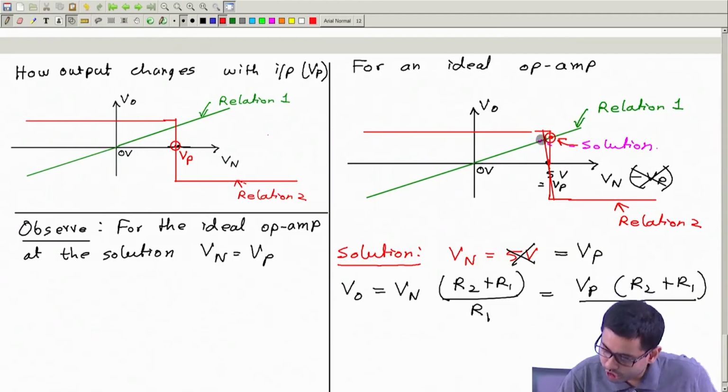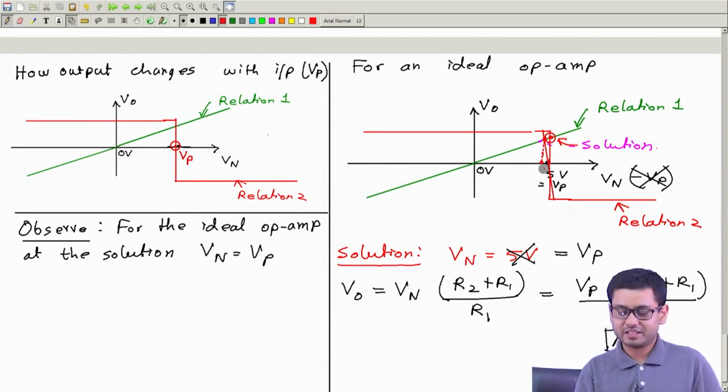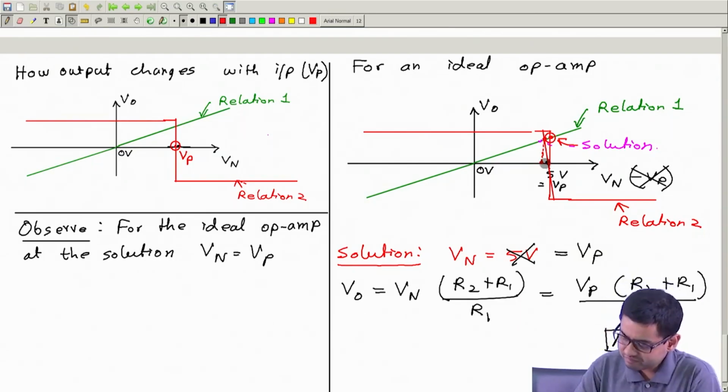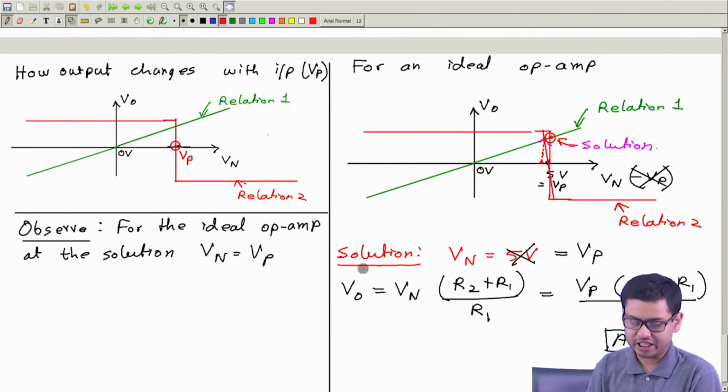So therefore this is the solution, and this is the value of Vn, which is very close to Vp. Therefore for a good op amp, Vp is equal to Vn, or they are very close to each other.